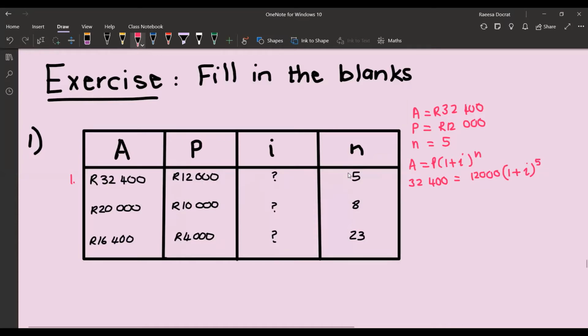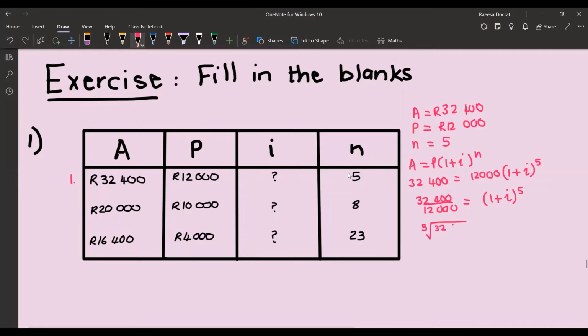So the first thing is we're going to divide both sides by 12,000. So we have 32,400 divided by 12,000 is equal to (1 plus I) to the power of 5. Then we're going to take the fifth root of each side to get the 1 plus I by itself.